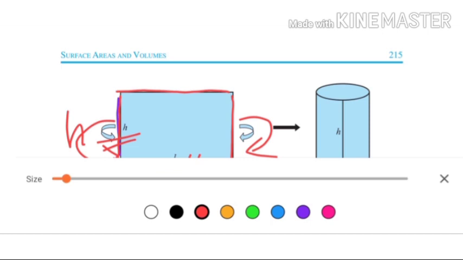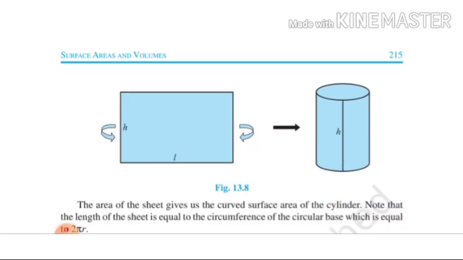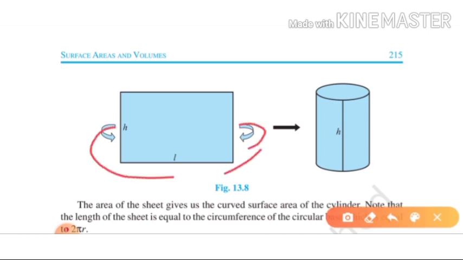in such a way that the extreme ends of the rectangle, the paper, join to form this shape. What is happening here? See, we are folding it in such a way that these two join together, this part and this part, so we form this one.